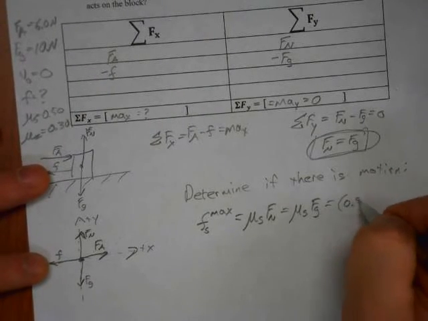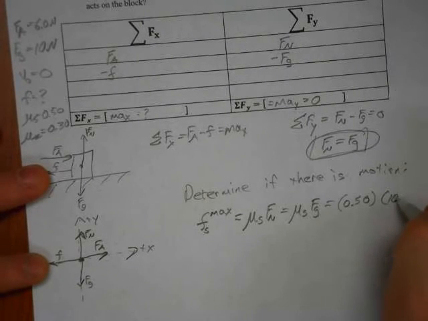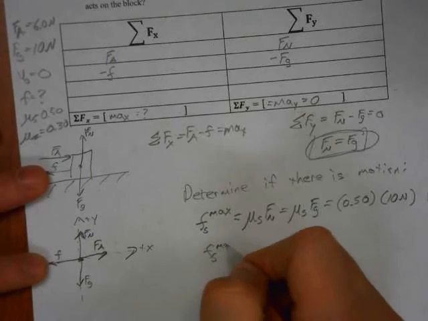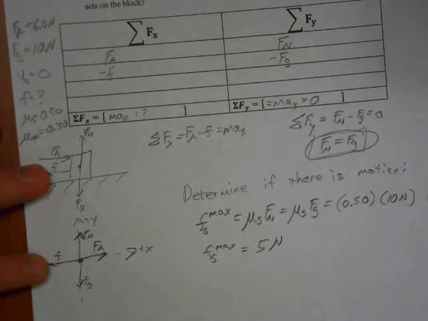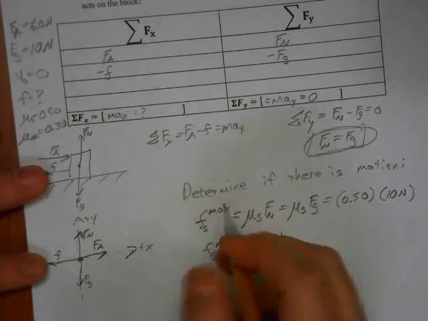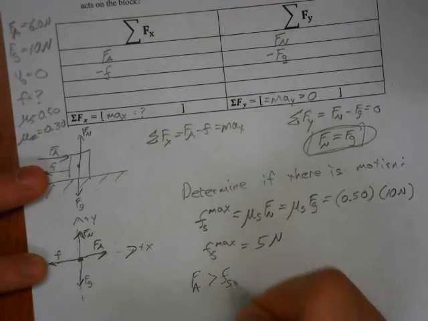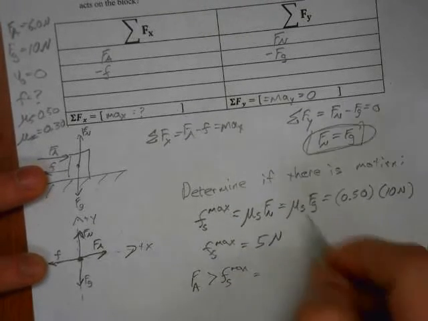That equals 0.50 times the force of gravity, which is 10 newtons. So the maximum static friction equals 5 newtons, right? And we also know that the force applied is greater than the maximum force that static friction can apply. So there is motion.